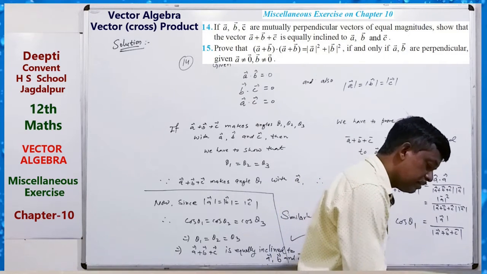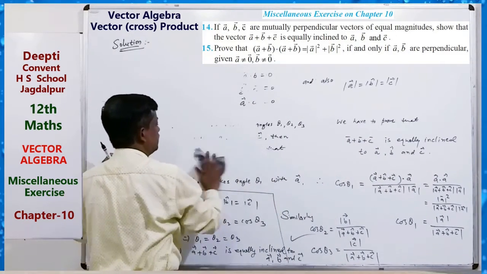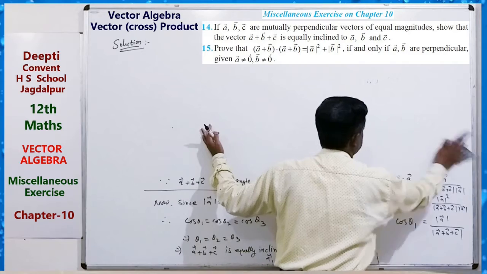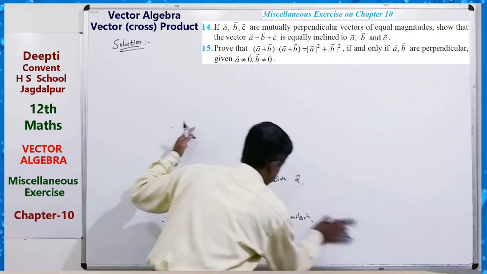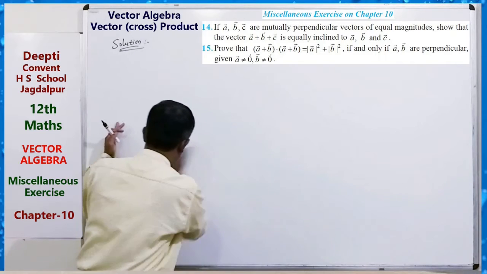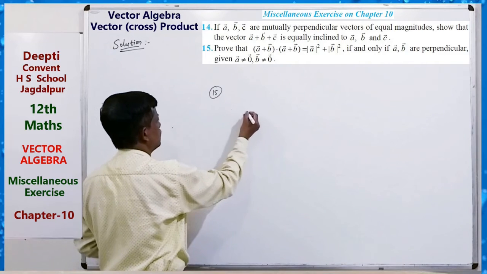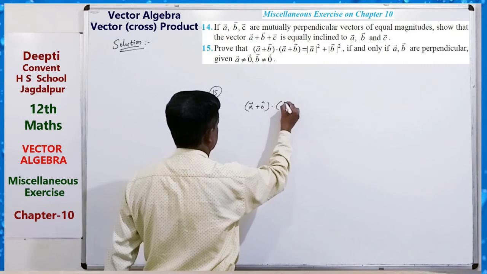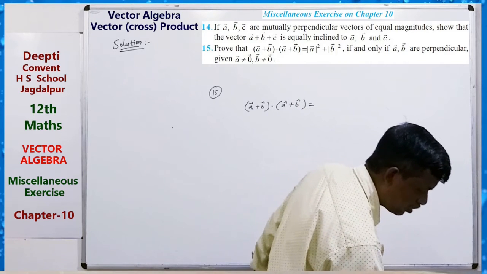So this is a simple question, if and only if. Here, for question 15, we have to take (A plus B) dot (A plus B) equals mod A square plus mod B square.